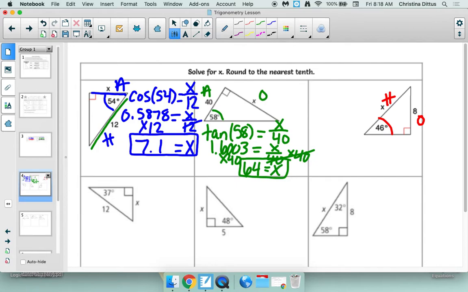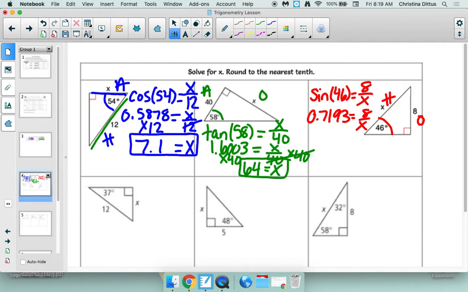So I'm going to write the sine of what? 46 equals what over what? 8 over x. Good. Now what? Yep, throw that sine 46 in there and we get 0.7193 equals 8 over x.